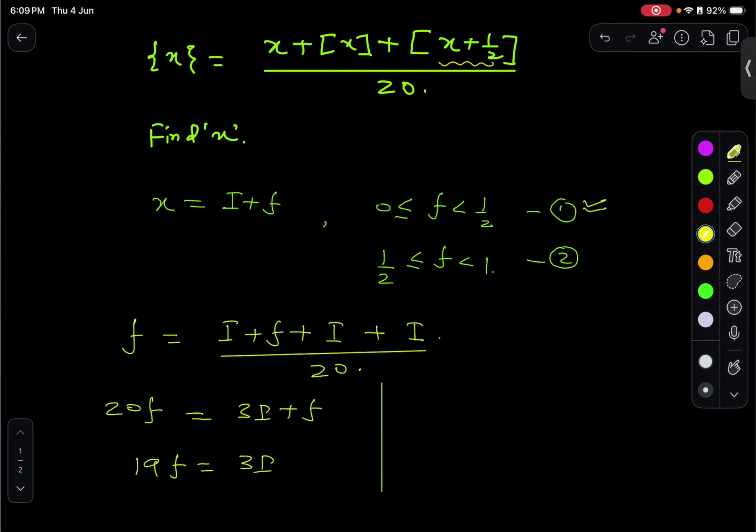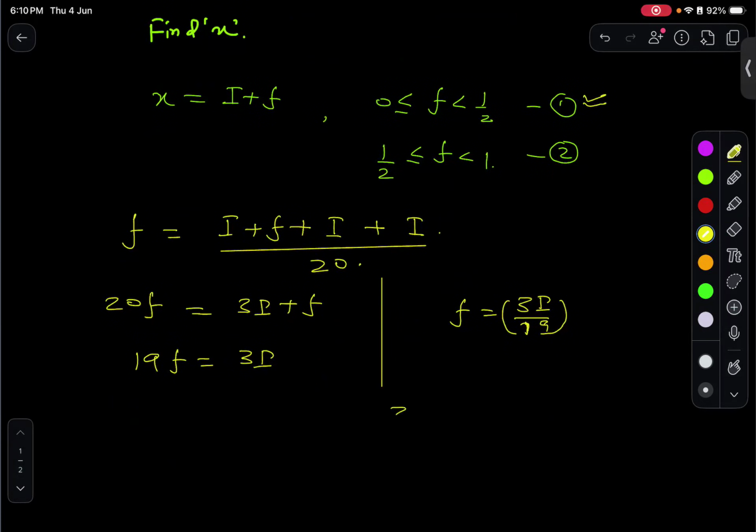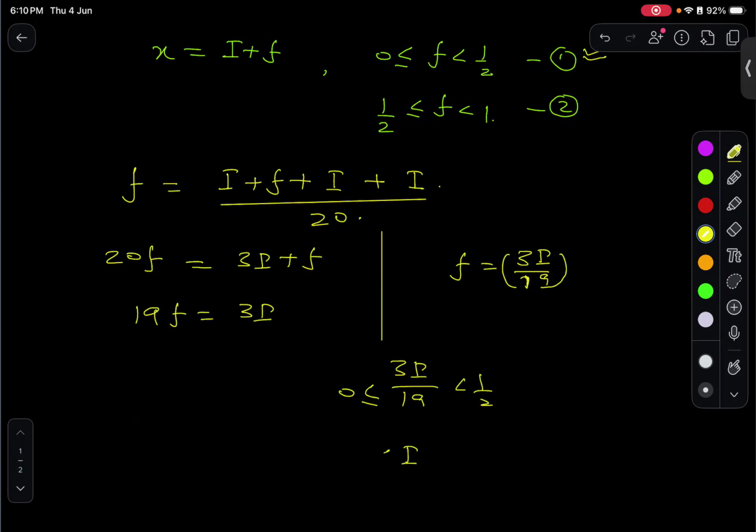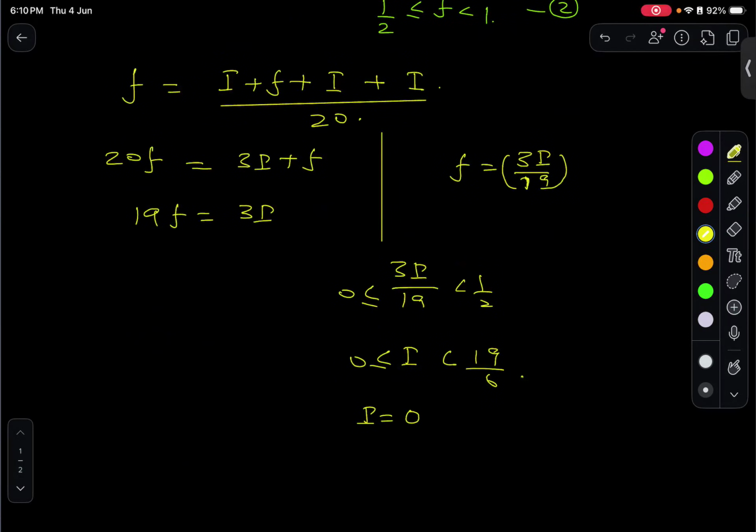From this, I can say f is nothing but 3I by 19. And this fraction part, we have taken, lies between 0 to half. This I is lying between 0 to 19 by 6. 6 threes are 18, so the value of I would be 0, 1, 2, and 3.